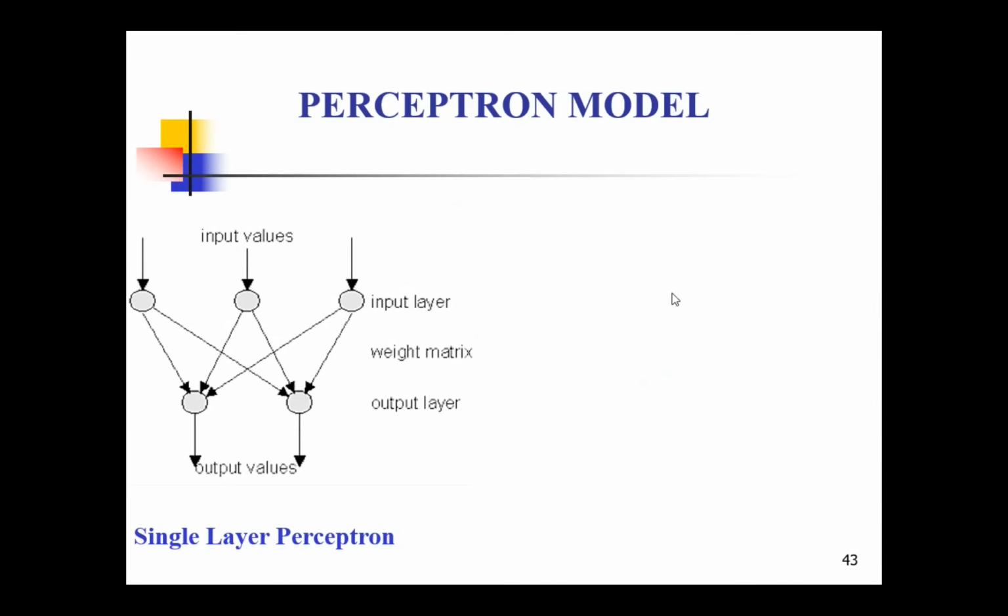You can see all the neurons in the input layer are connected to the 2 outputs. So x1 is connected to y1 and y2, x2 is connected to y1 and y2, and x3 is connected to y1 and y2. And we also have the weight matrix. The weight matrix adjusts itself, adapting dynamically, so that a perfect output can be obtained for similar input conditions.